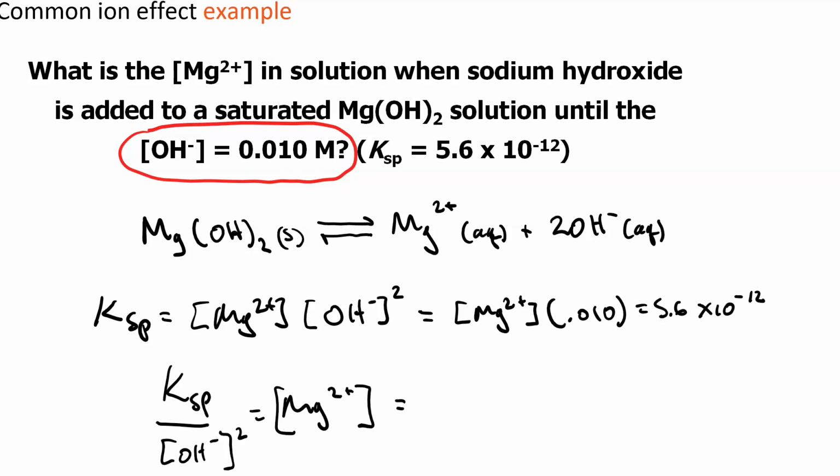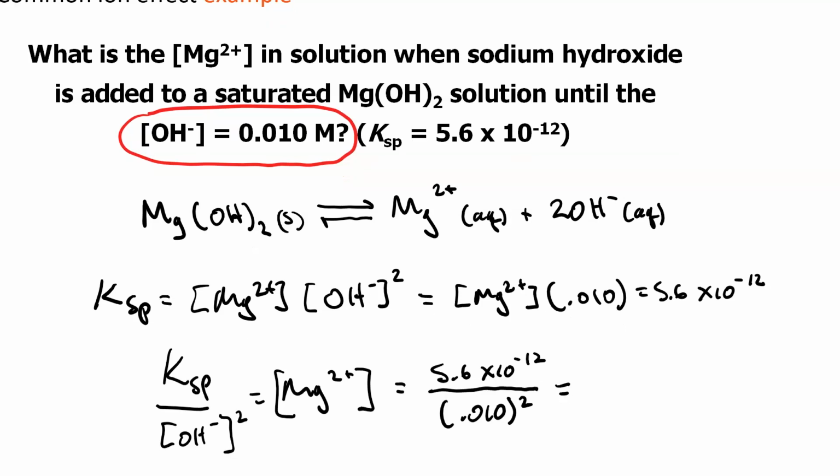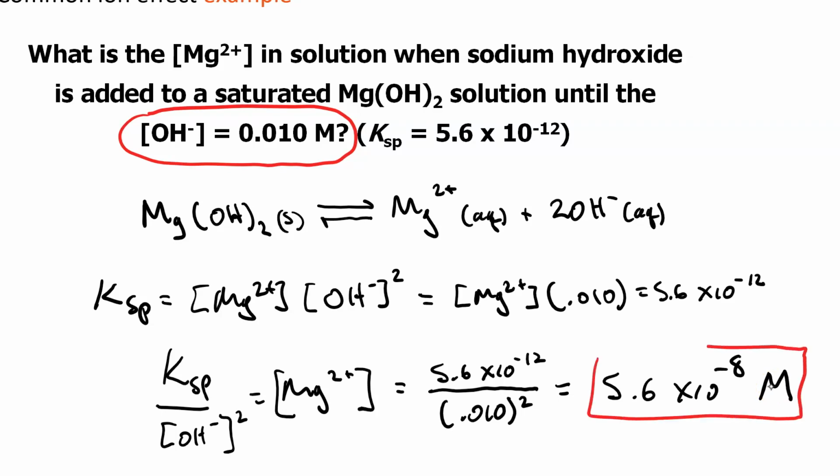So that's going to be 5.6 times 10 to the negative 12 divided by 0.010 squared. So punching that into the calculator, we get 5.6 times 10 to the negative 8th. And of course, that's in units of molarity. So adding sodium hydroxide decreased the amount of magnesium in solution.